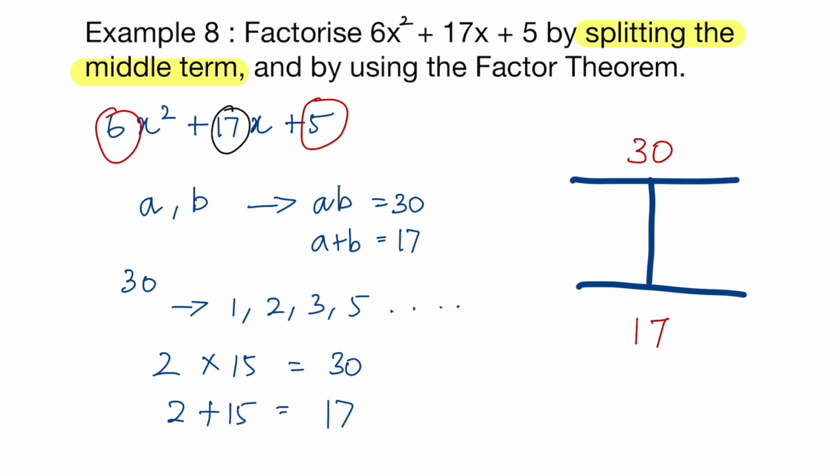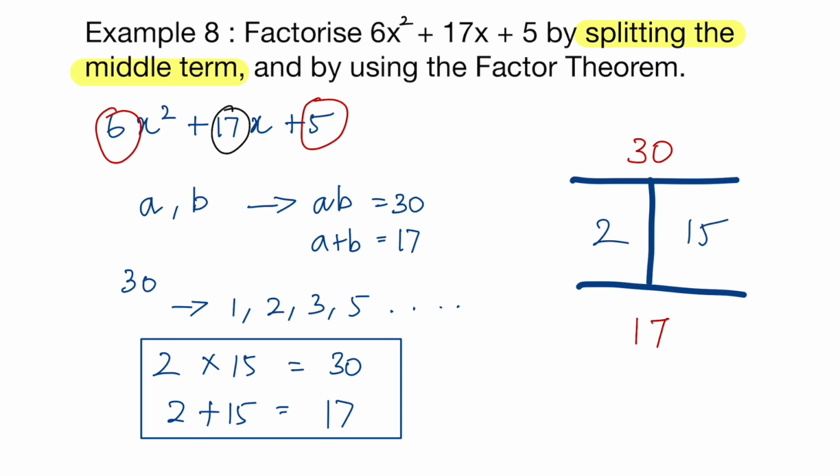So this fits our requirements perfectly. The product of the two numbers comes up to 30 and the sum comes up to 17. So 2 and 15 are the two numbers that when multiplied give you 30 and when added give you 17.